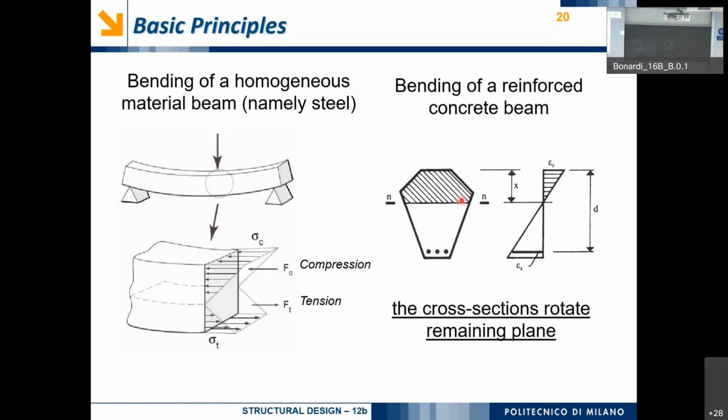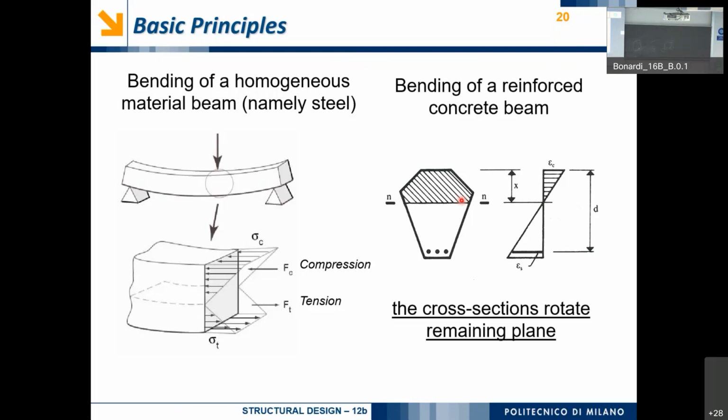We have said before that we want to put the reinforcement where we have tension. Actually, this is true in principle, but at the end of the day, for technological reasons, we will put also reinforcement when we have compression. But the main mechanical need to put reinforcement is only to absorb the tension.